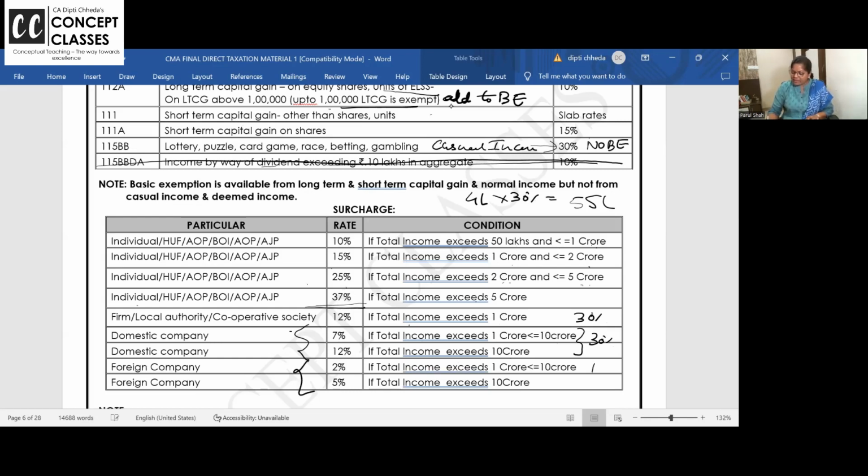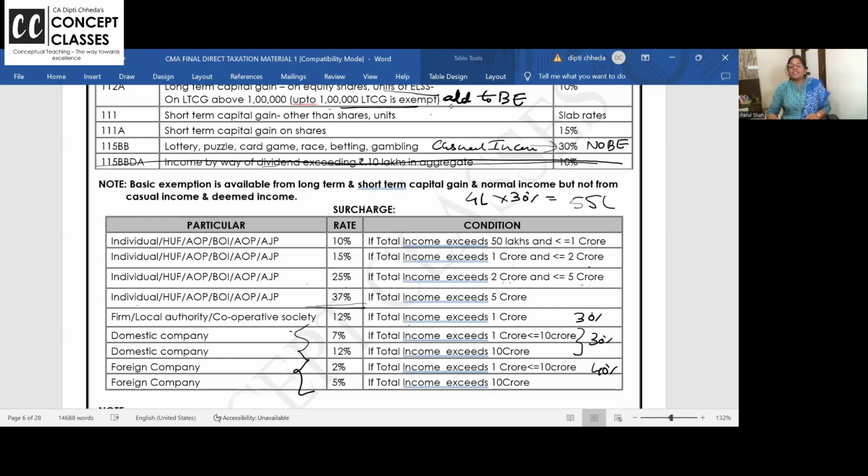Foreign company, the tax rate is high, dear students. Foreign companies coming to India pay 40% tax. So the surcharge rates are low to offset. If the total income exceeds 1 crore and is less than 10 crore, 2%. If the total income exceeds 10 crore, 5%.